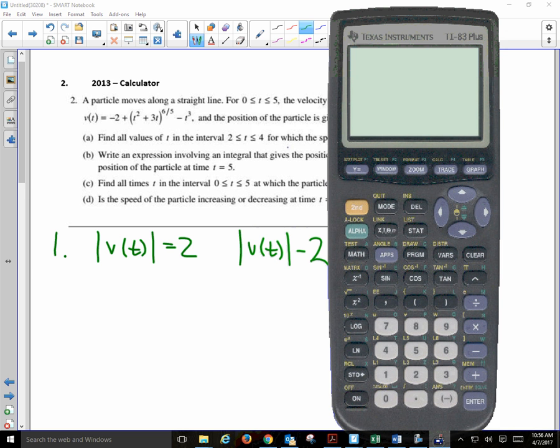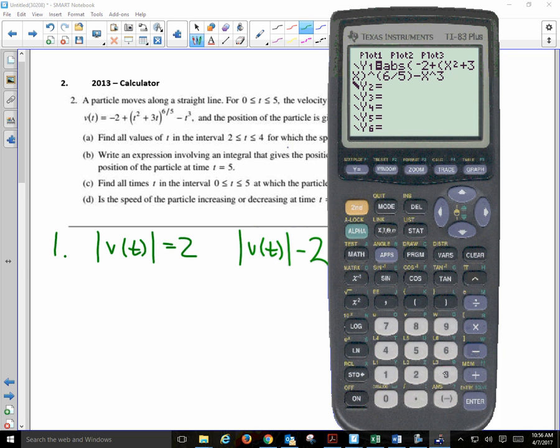So I grab my calculator. I turn it on. Go to y equals. Clear that out. And I'm going to enter the function as an absolute value. Absolute value of -2 plus x squared plus 3x, parentheses, raised to the 6 divided by 5, or 1.2, minus x cubed.